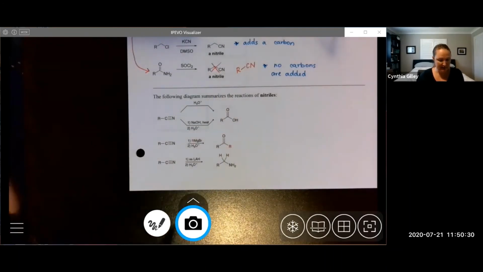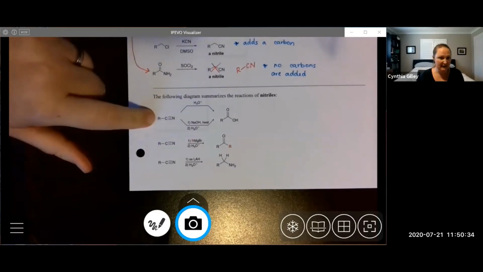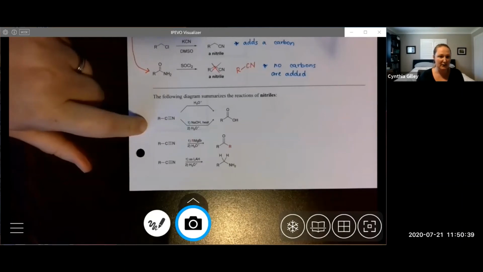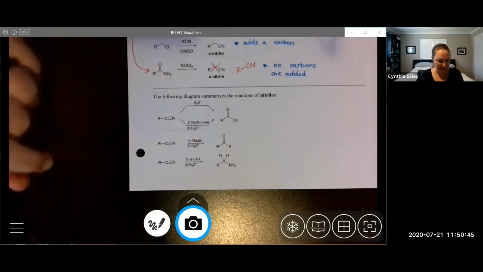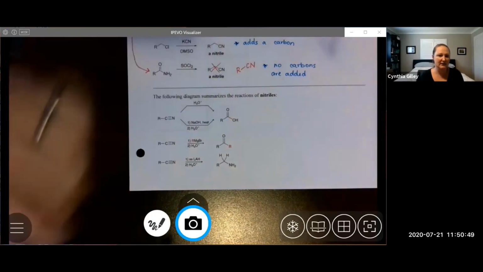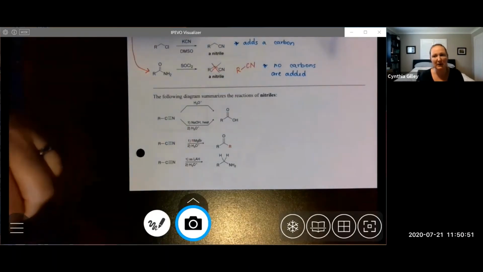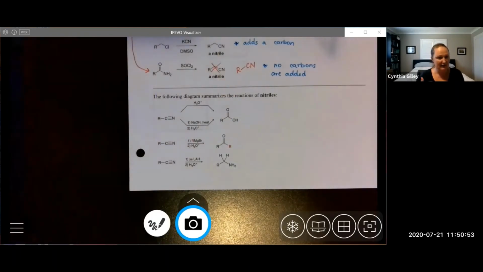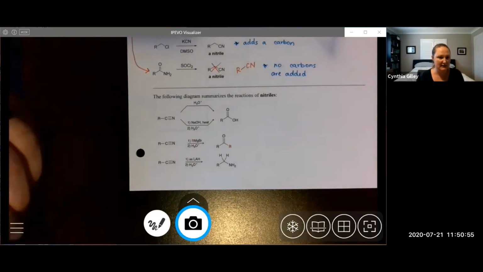You could do acidic or basic hydrolysis of an ester, of an amide, and now also of a nitrile. So they're really very similar processes. And no matter if you start from the ester, the amide, or the nitrile, you always get the carboxylic acid. So basically, you can always go back to the carboxylic acid through acidic or basic hydrolysis.